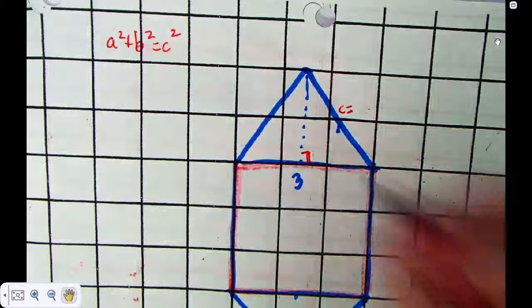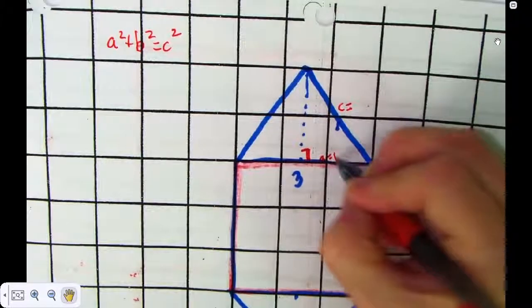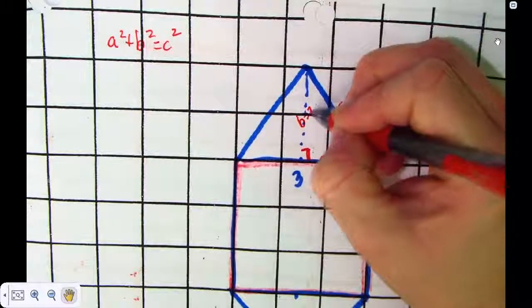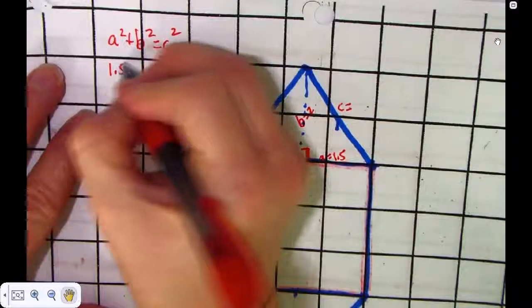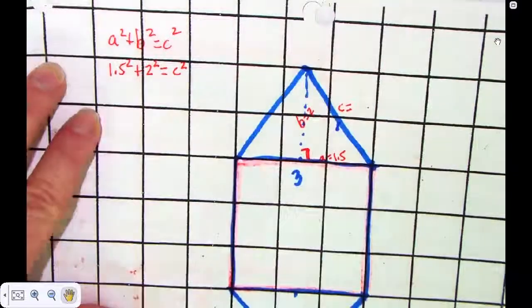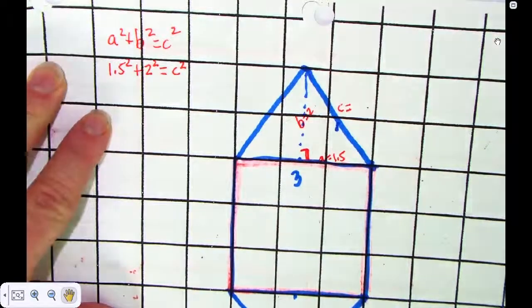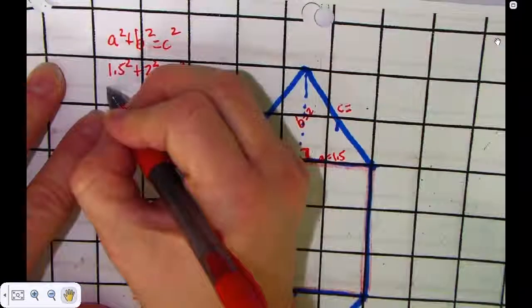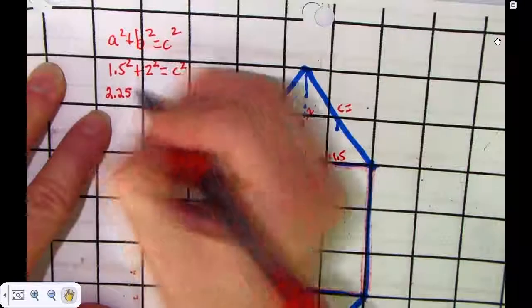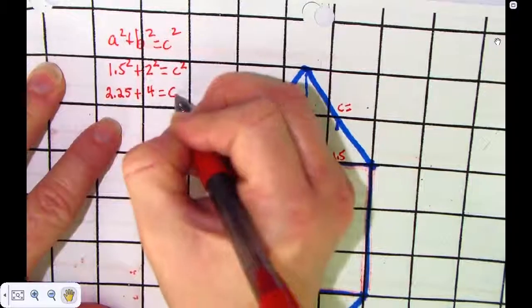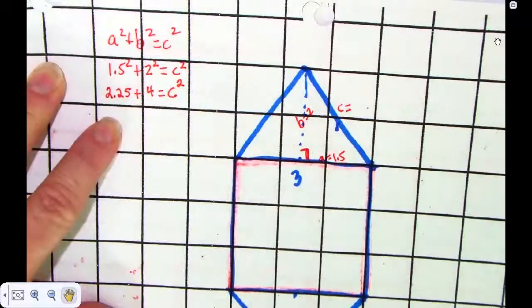Okay, so what is A going to be? Good. And what's B? 2. Okay, so 1.5 squared plus 2 squared equals c squared. 1.5 squared is 2.25 plus 4 equals c squared.